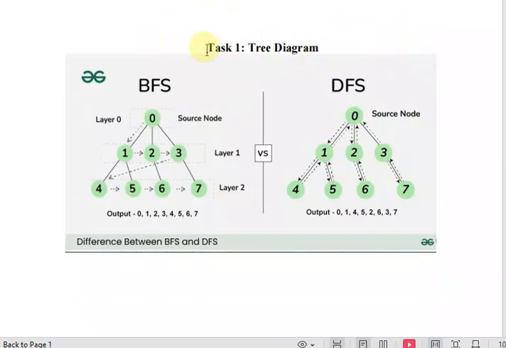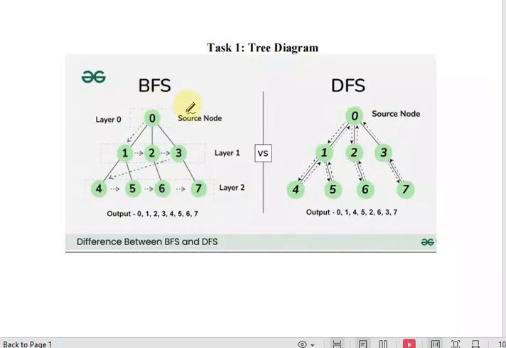So here is the first task, in which a tree diagram is given for both BFS and DFS. We will apply BFS, which uses a queue data structure, FIFO, in which the first in, first out method is applied.